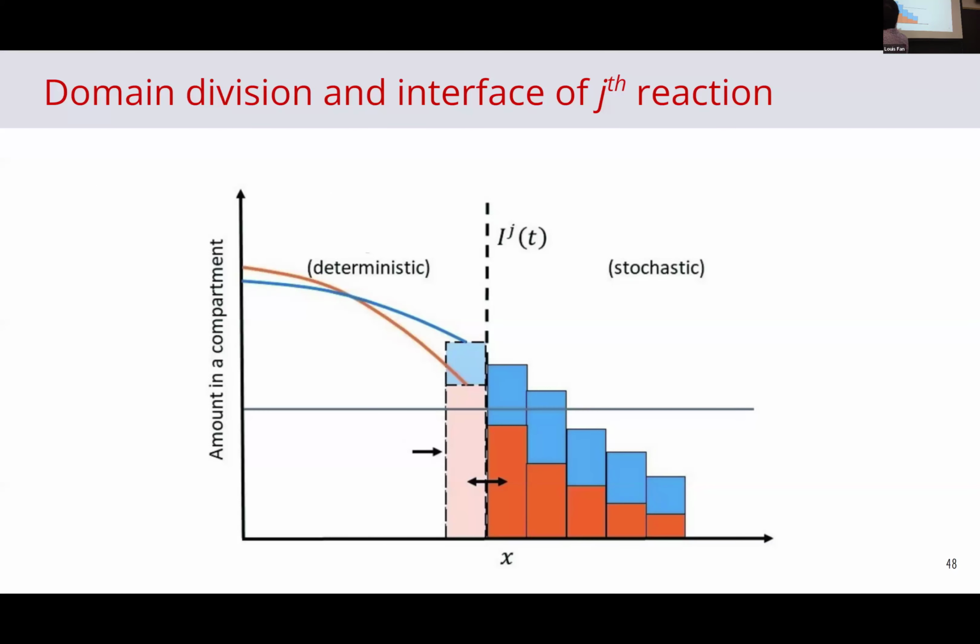This is a schematic figure. For each reaction, we look at compartments that have small numbers and use the Gillespie algorithm. For compartments with a large number of molecules for all the reactants, we use a deterministic model. And then this is the moving interface. It will move over time.